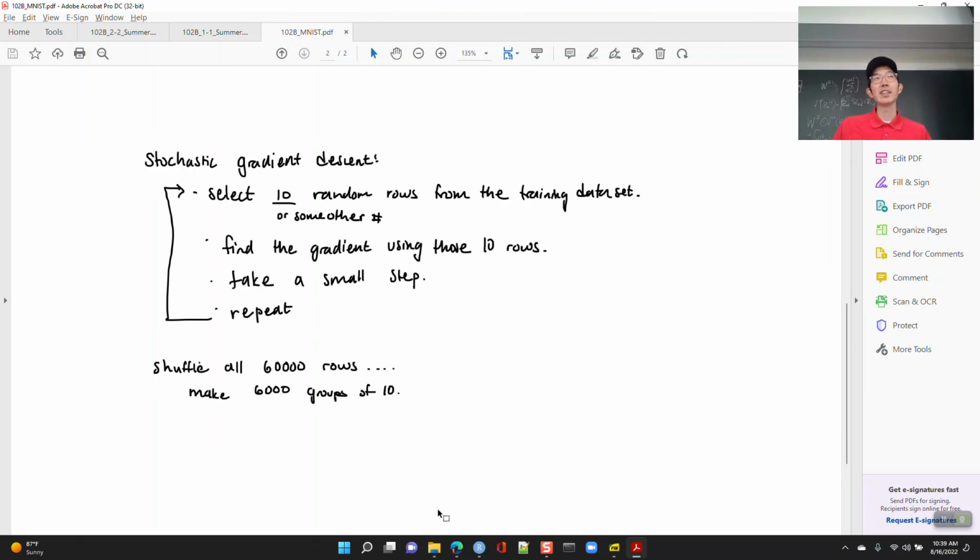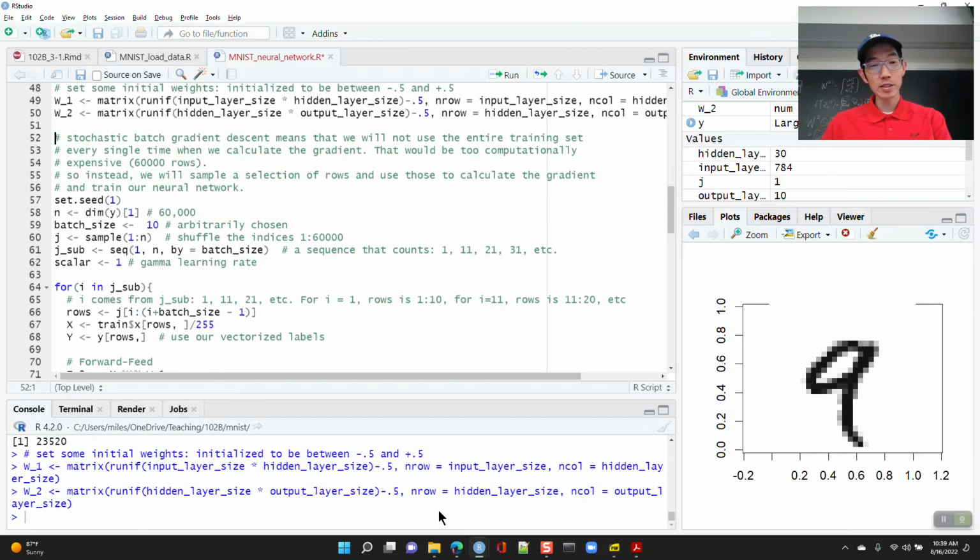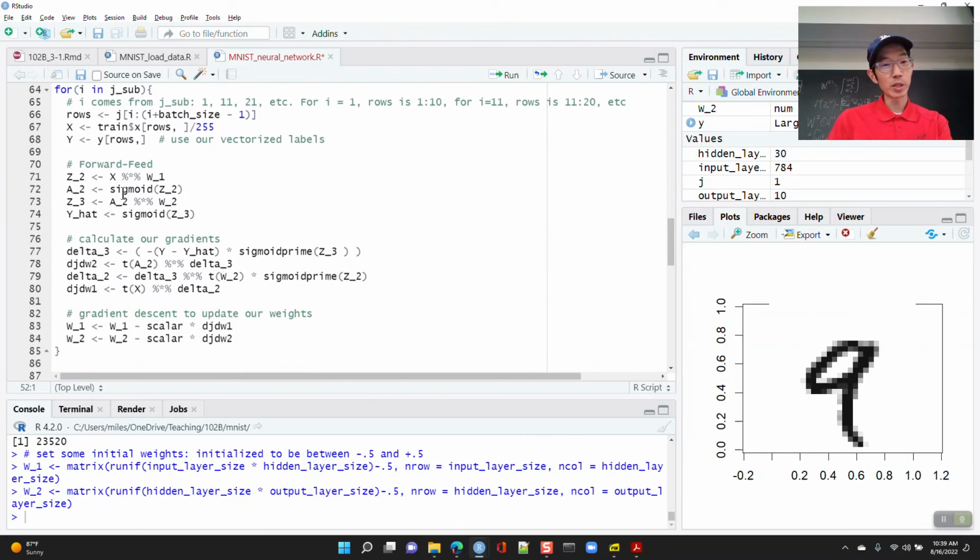Okay, and I'm going to just say, okay, just take this tiny little data set of 10 images, 784 rows, and then find the gradient based on these 10 images. Okay, because finding the gradient is the result of doing all of these matrix multiplications, right? And so doing 60,000 rows, that's a lot. So we're going to just do 10.